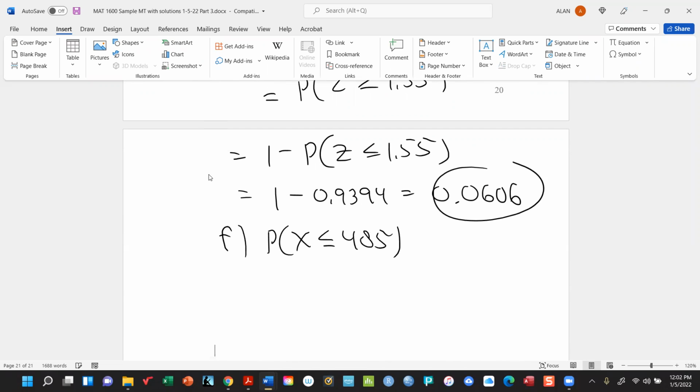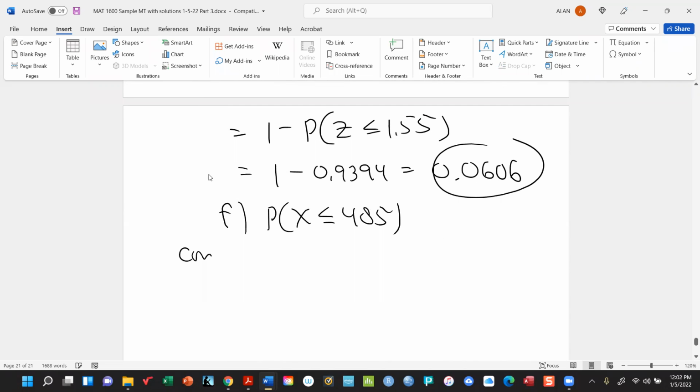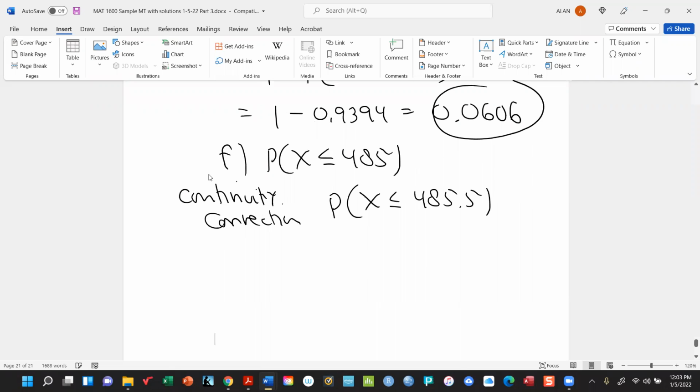The continuity correction tells us to simply add a half to the upper limit. And then we're going to subtract 500. And divide by 15.81.